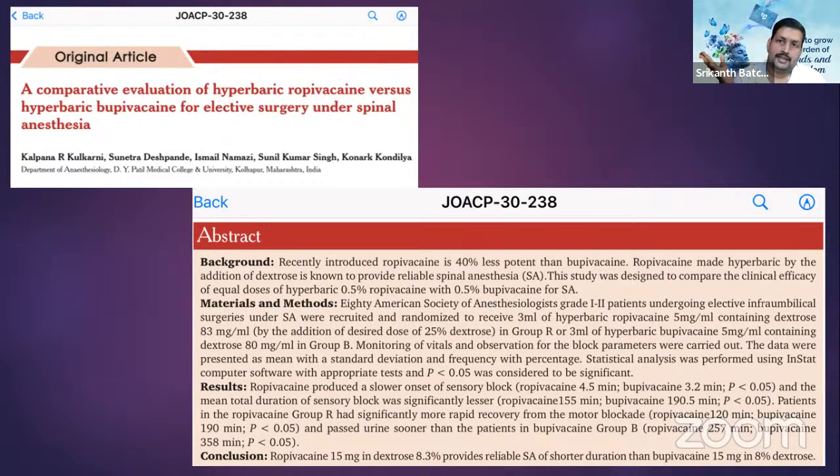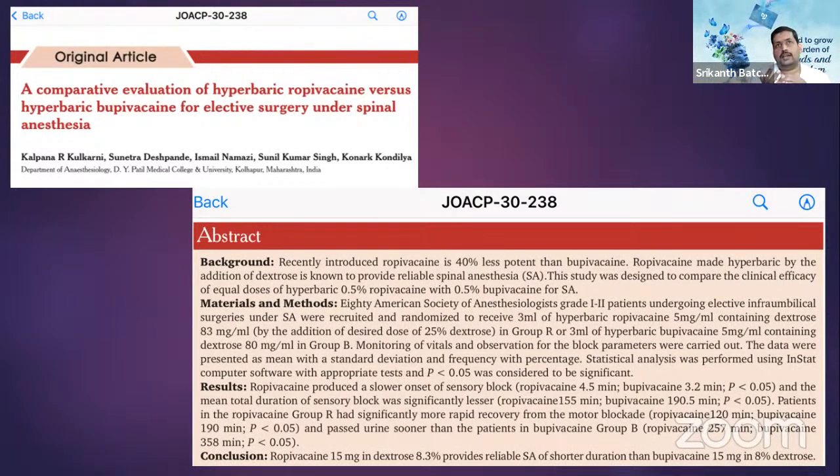And when it comes to spinal, again hyperbaric, this 0.75% concept came because when they carried out dosage comparison studies, they observed that with 1:1 dosage, like 5 mg of ropivacaine and 5 mg of bupivacaine, or 10 mg of ropivacaine and 10 mg of bupivacaine, this difference in potency of ropivacaine was there.